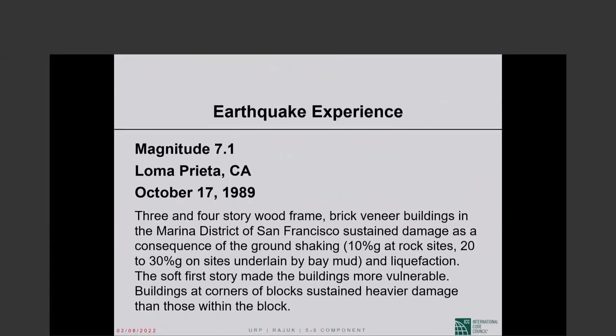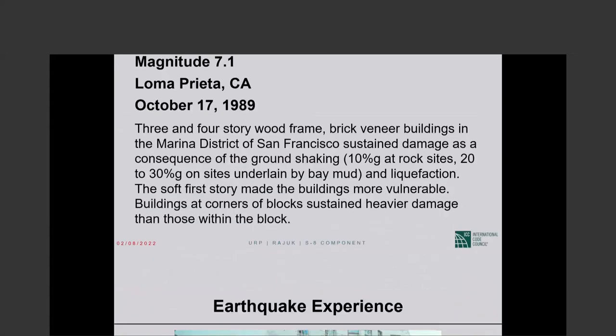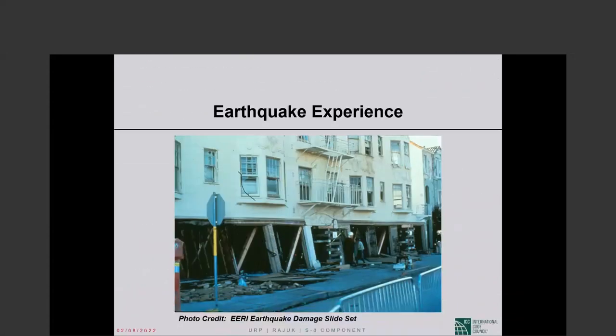Some examples: the so-called Loma Prieta earthquake of 1989. This was the San Francisco area earthquake, the last significant one in the San Francisco area, magnitude 7.1. What we saw in that earthquake, this is the Marina District as it is called. This was built on fill. And these buildings, when they were built, there were no automobiles, so there were no garages.